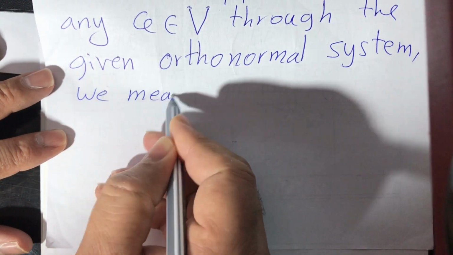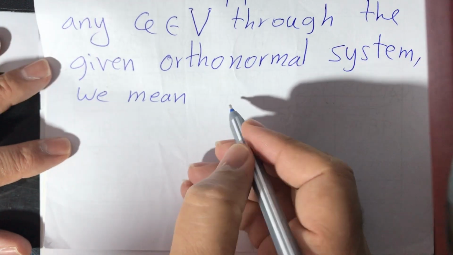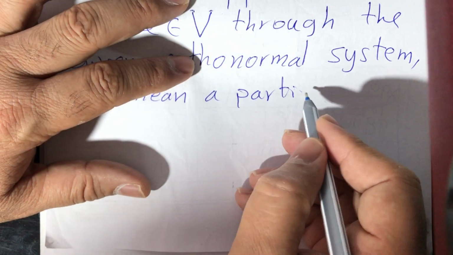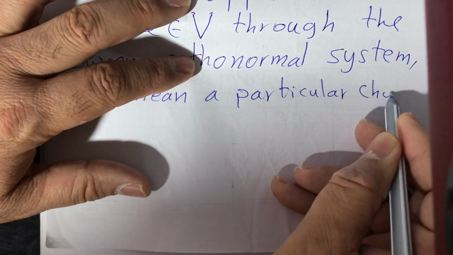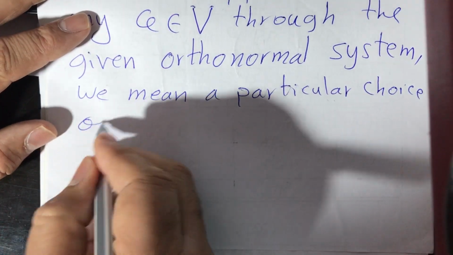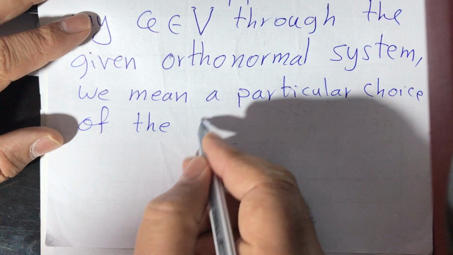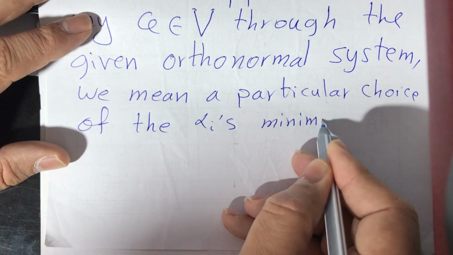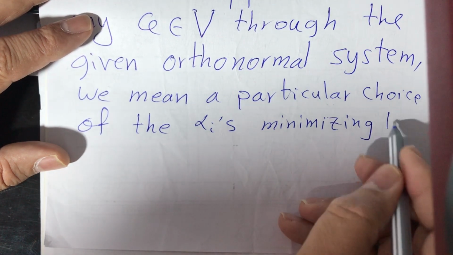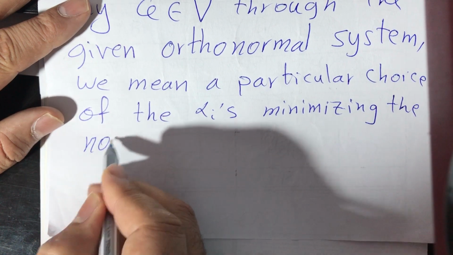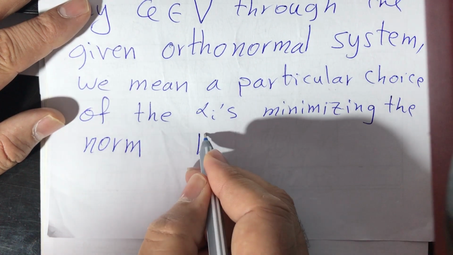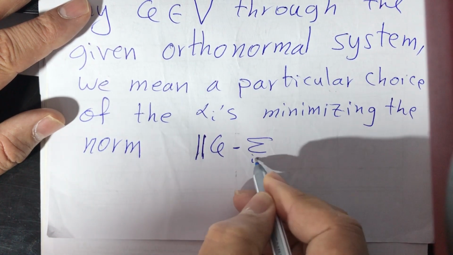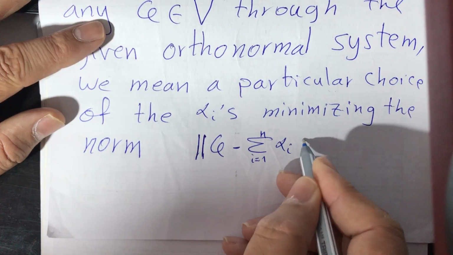We mean a particular choice of the alphas minimizing the norm of phi minus summation i from 1 to n alpha i phi i.